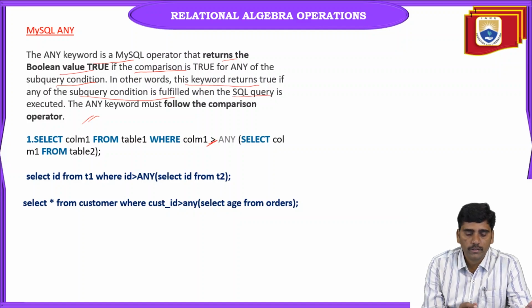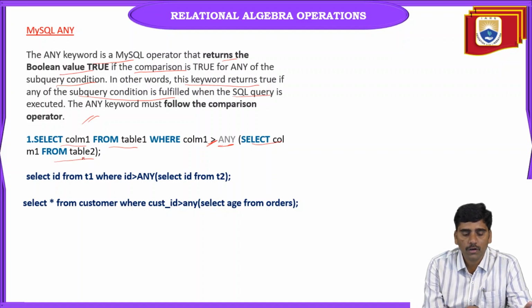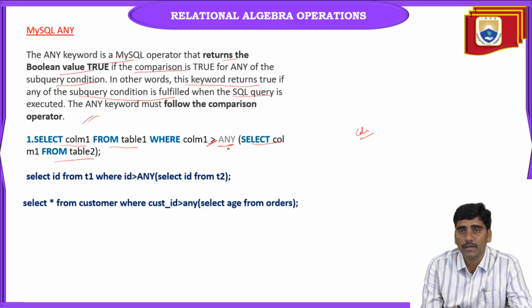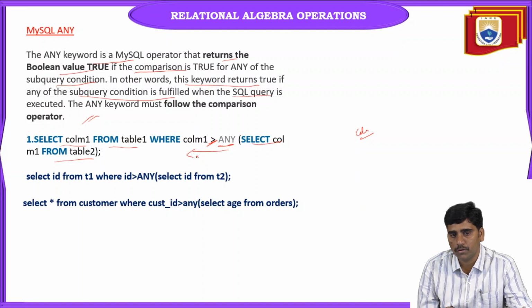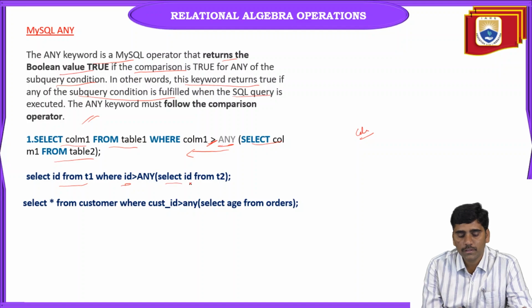Here we can use a comparison operator, greater than, less than, or equal; you can use any of these. For example, select column1 from table1 where column1 greater than ANY of select column1 from table2. That means you can select any of the values from table2, and then all the values greater than any of the values from that table are displayed. See the example: select ID from T1 where ID greater than ANY of select ID from T2.